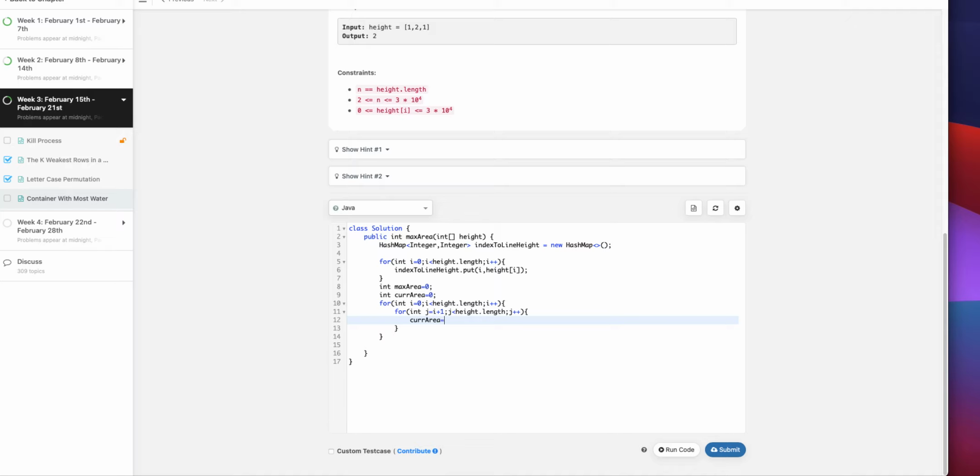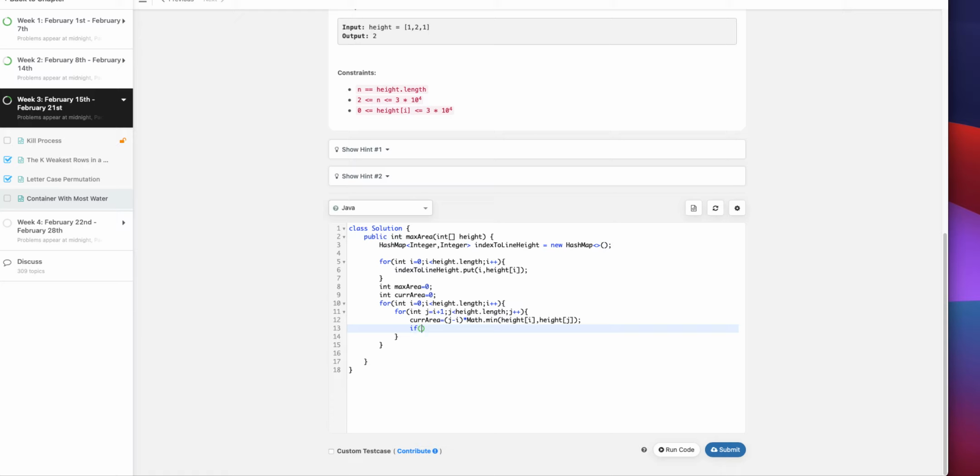Current area is equal to j minus i into Math.min of height i, comma, height j.